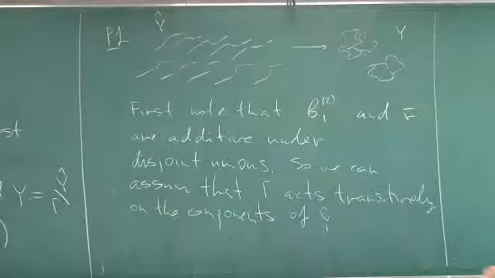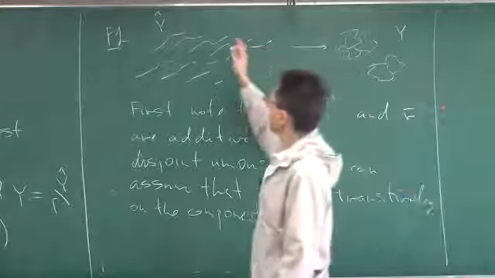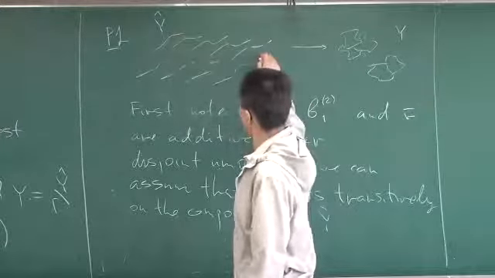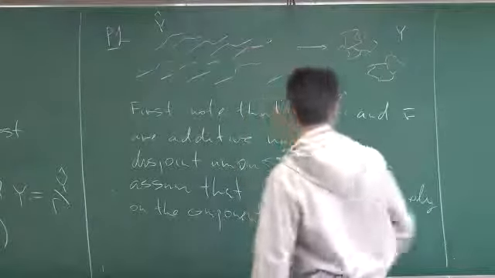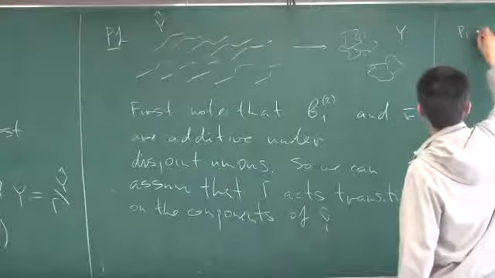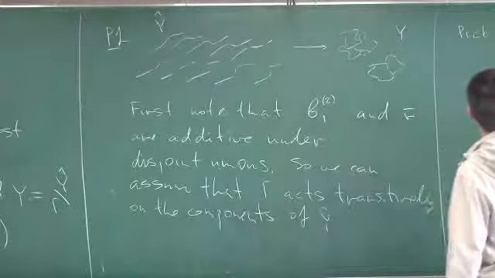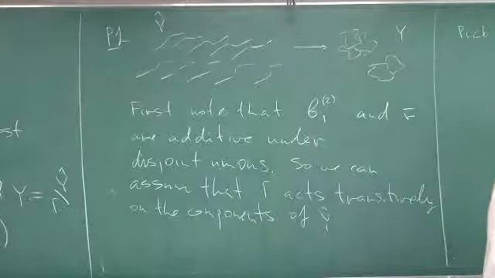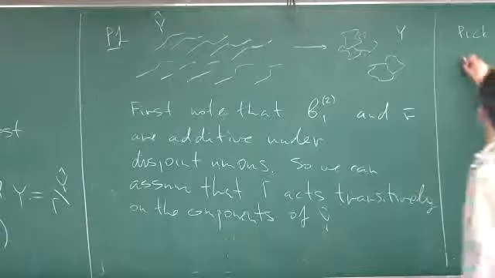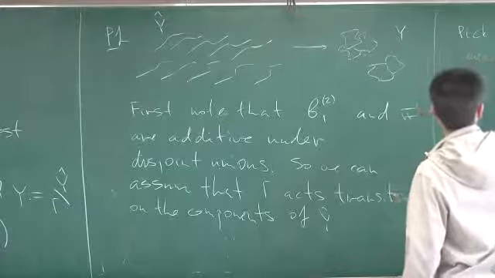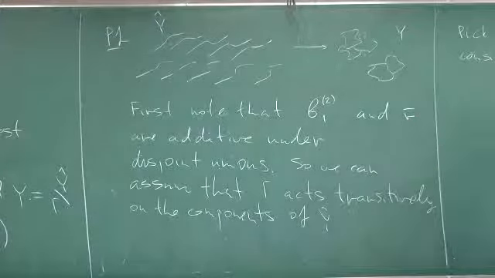But then, as I mentioned before, instead of considering the gamma action on this whole orbit, we can consider only the stabilizer. So pick a component of y hat and consider its stabilizer.